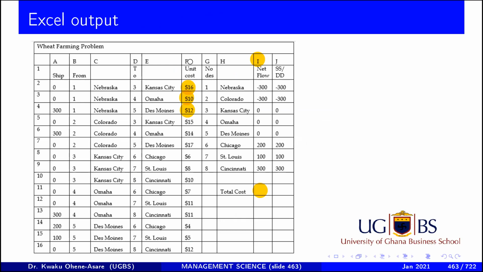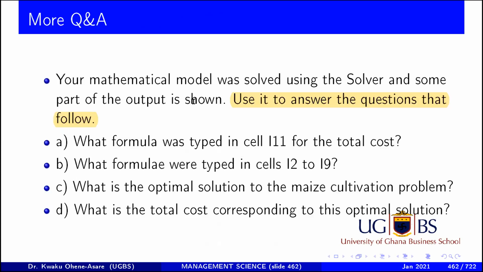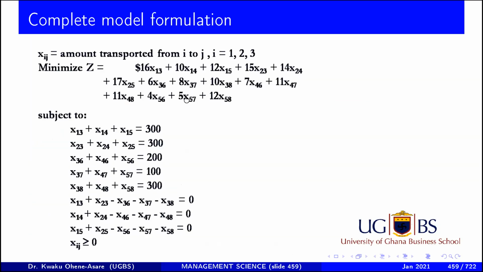They are in the F column. So the 16 will be F2, then F3. Now, what would they be multiplying? They'll be multiplying the x's. Let's go back to the objective function. They'll be multiplying the x13, the x14, the x15.